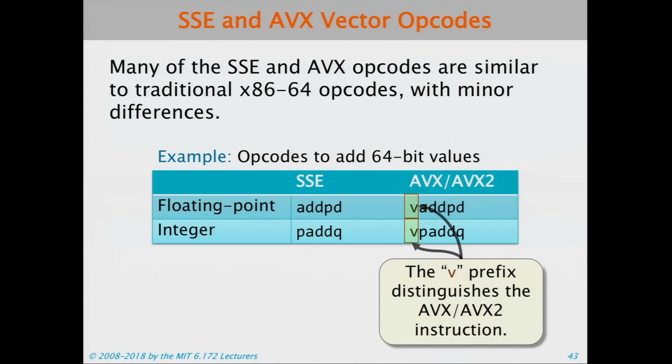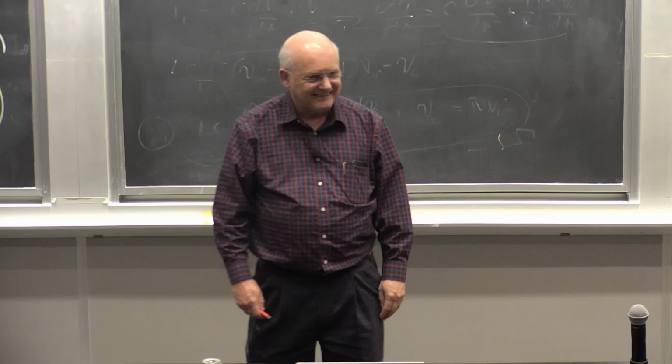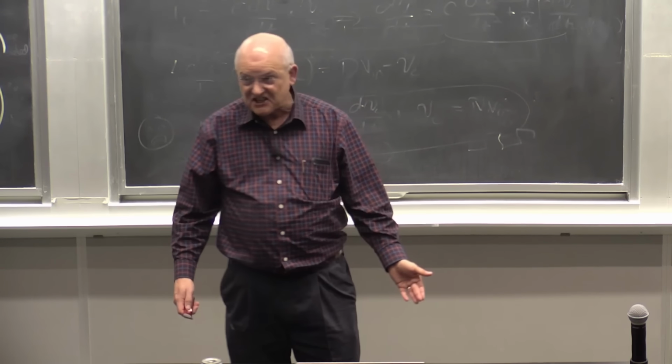If you see the P's that say it's packed data, then you go to SSE if it doesn't have the V. And the P prefix distinguishes an integer vector instruction. I tried to think why P distinguishes an integer. It's like P, a good mnemonic for integer, right?